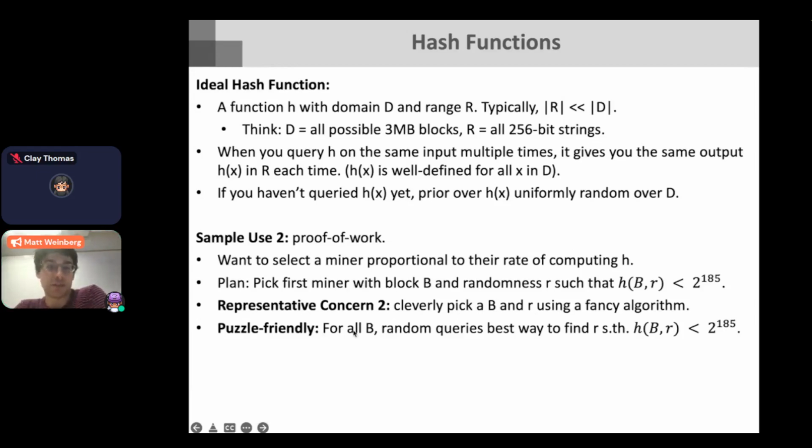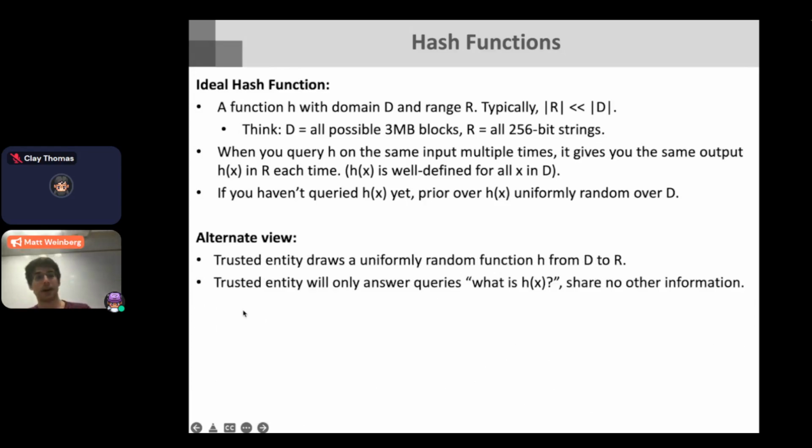Puzzle friendly just means that the best thing you can do, there's no faster algorithm. The best way to find an R for any B is just to do random queries. Again, what I want to point out is that this ideal construction clearly has this puzzle friendliness property. In practice, what you do instead is you have some construction and you want to claim that it's puzzle friendly.